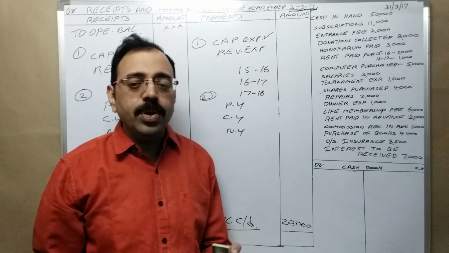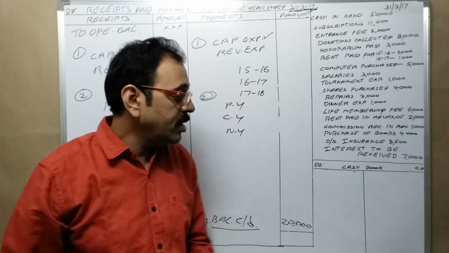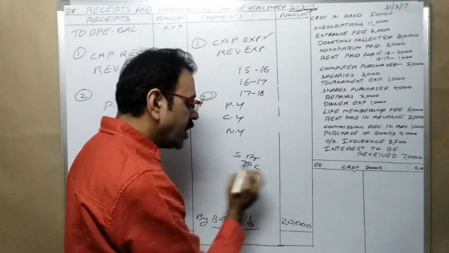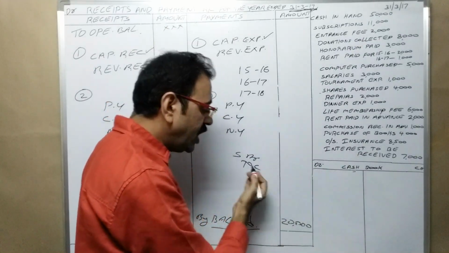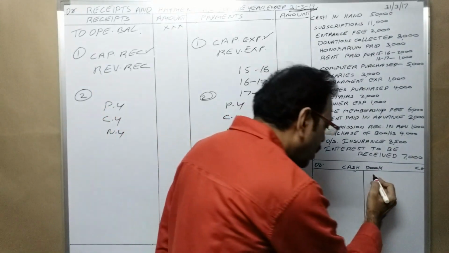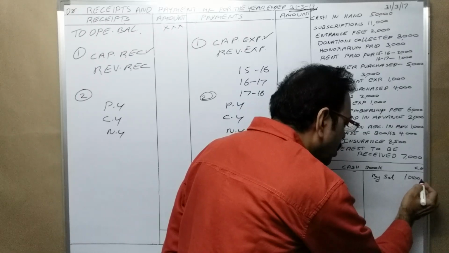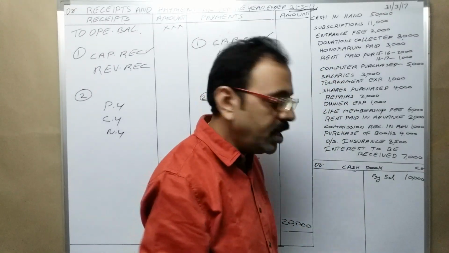For example, salaries paid. What is the entry for that? Salary account debit to cash account. In the cash book, we post this on the credit side, by salaries. For example, 10,000 rupees. When did we pay this salary?